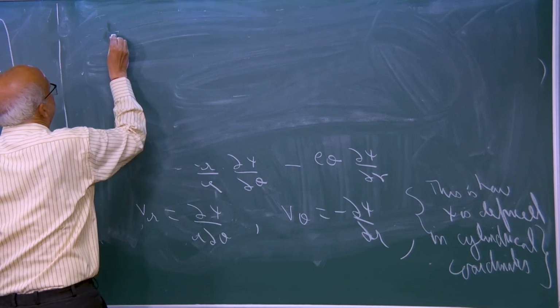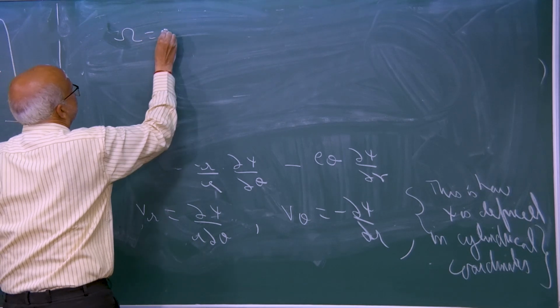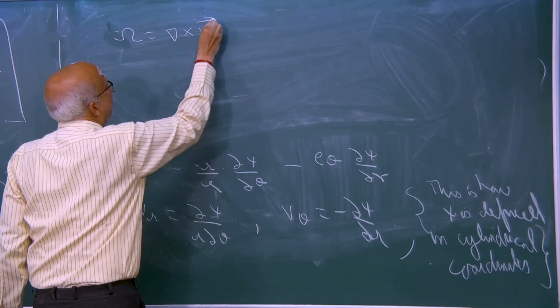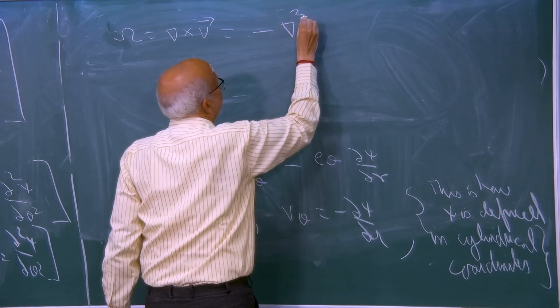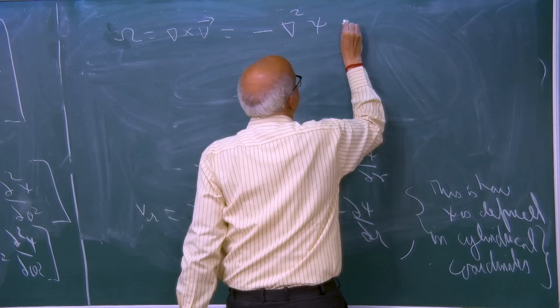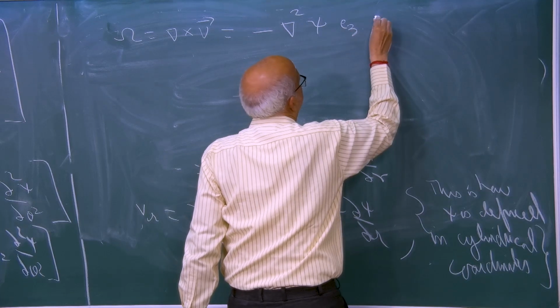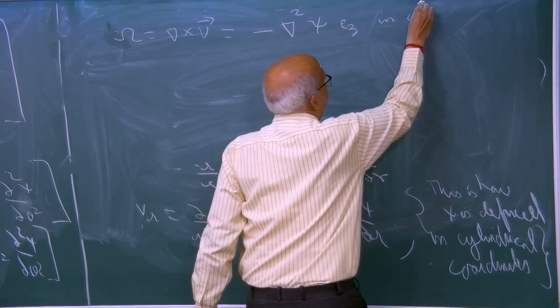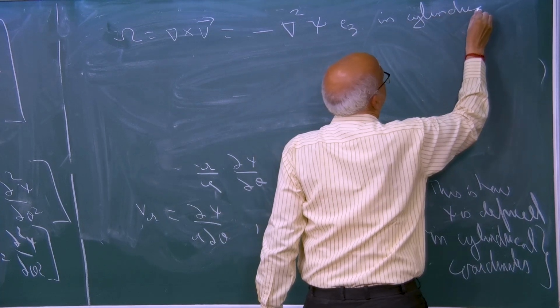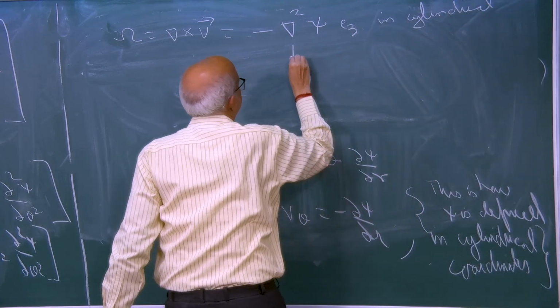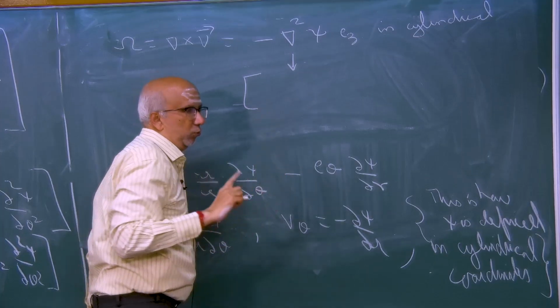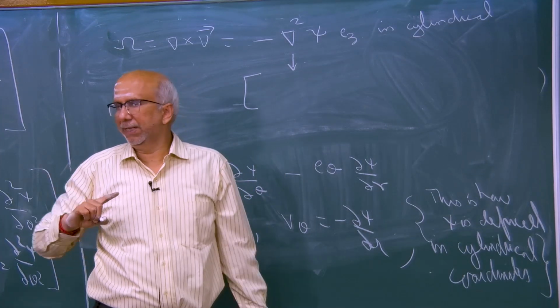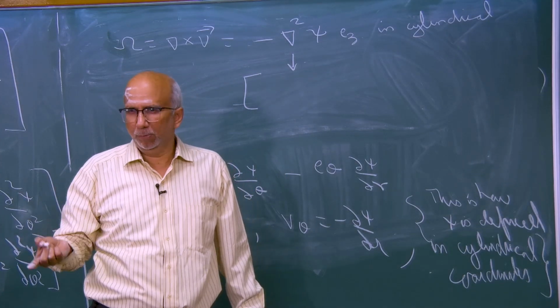This is therefore omega, which is curl of V, equal to minus del square psi, and that again is in the z direction in cylindrical. See, 2D in cylindrical can be in r theta, theta z, r z, anything. I'm looking at r theta.